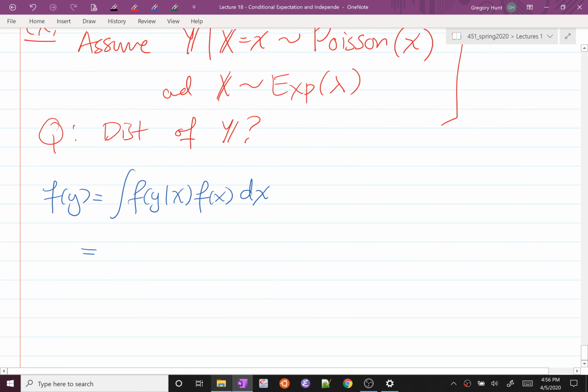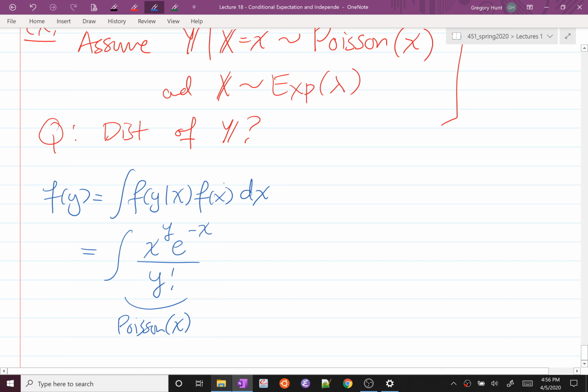So let's plug in. We have an integral. Y given x is Poisson with parameter x, so the parameter now is x. So instead of lambda to the y, it's x to the y, and instead of e to the negative lambda, it's e to the negative x, all over y factorial. So this is a Poisson x.